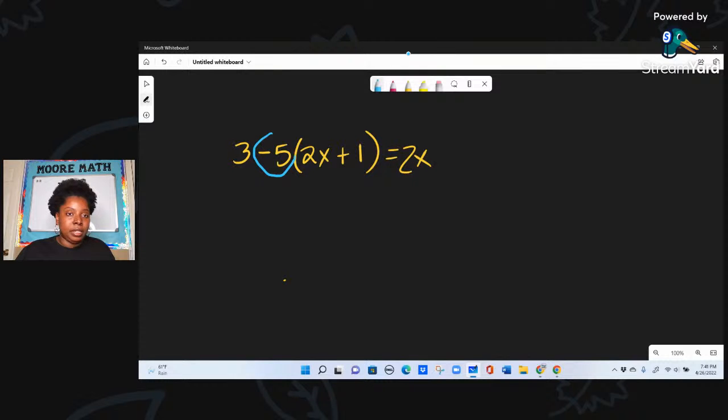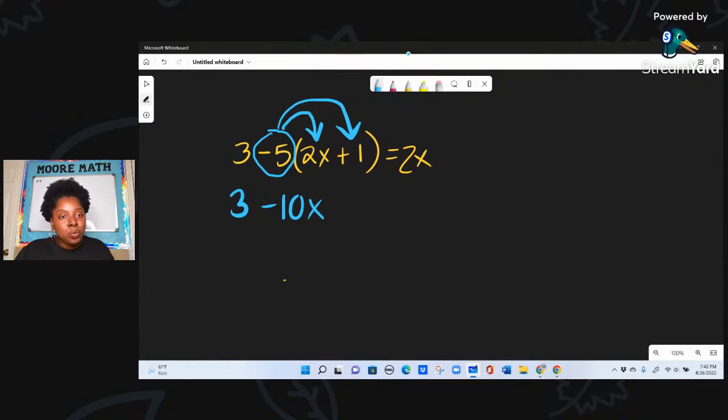We can distribute this. A number that's right next to the parentheses, that is multiplication. So we're going to take this -5 and multiply it by everything in the parentheses. So -5 times 2x, we're going to get a -10x. -5 times 1 is going to be a -5.